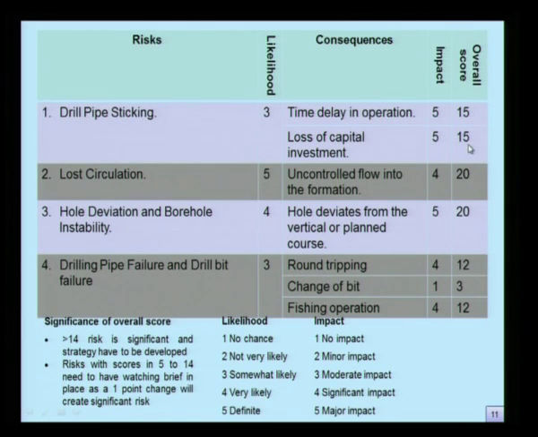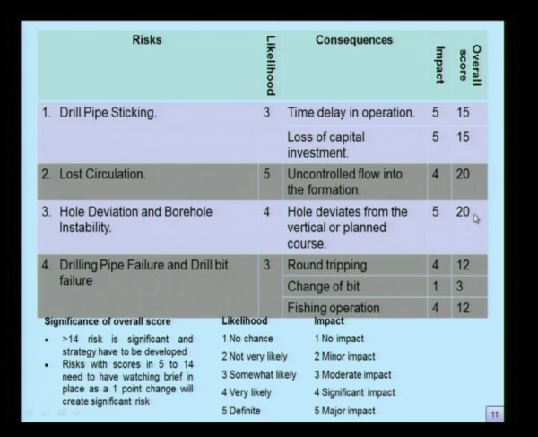So, ladies and gentlemen, based on the fault tree analysis, I am trying to prioritize the order of risk involved in different events as studied earlier. Similarly, if we look at the borehole instability, the likelihood in drilling formation is generally very likely, and the hole deviates from the vertical or planned course of drilling, which will have a very serious impact on your whole process.